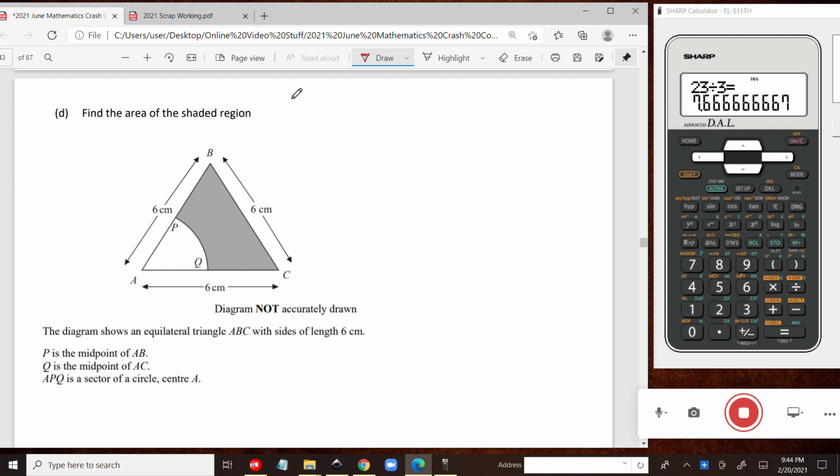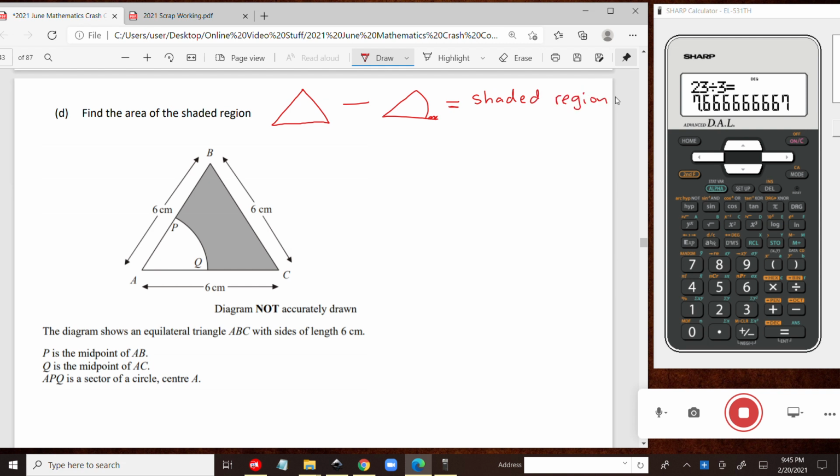So what we want to do, you will notice that there's a triangle. We are going to try to find the area of the triangle, and then we are going to try to find the area of the sector, and then minus two of them. And when we minus the two areas, we will get the area of the shaded region.